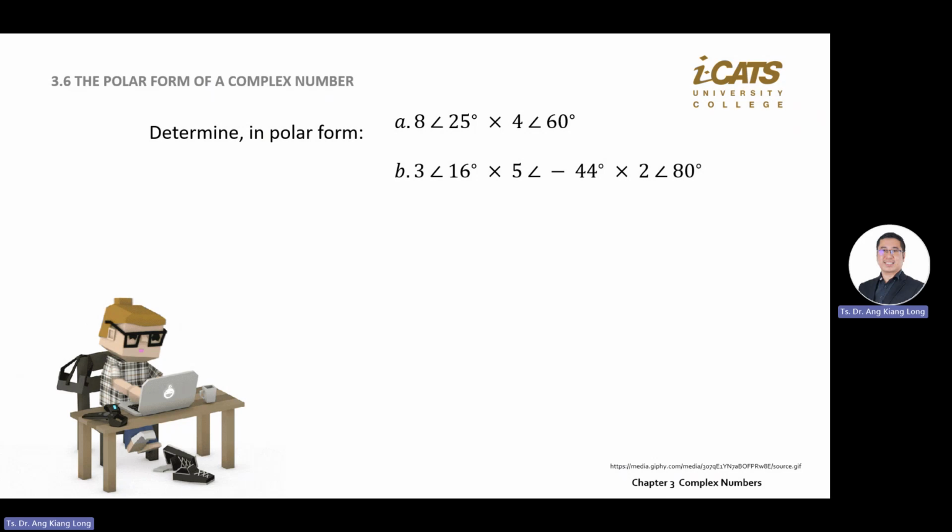So if you take Z1, 8 angle 25 degrees, multiply by 4 angle 60. Just by mental calculation, if it's multiply, you multiply the real parts and then you add the angles. So 8 multiply 4 is 32, the angle will be 85 degrees.